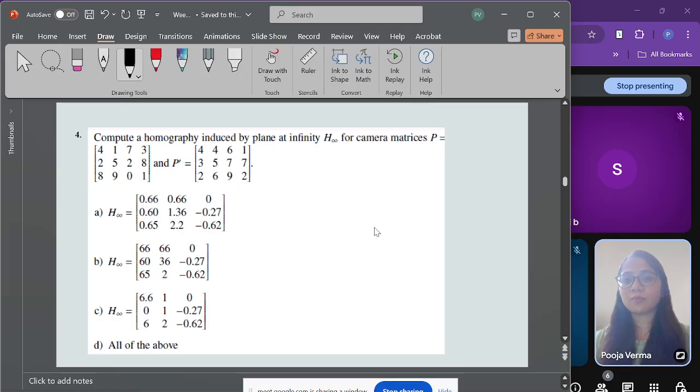Now the next problem is to compute the homography induced by the plane at infinity, H infinity, for camera matrices P. So how can we compute the H infinity values? You have calculated this type of problem. Can you suggest how we can solve this question?